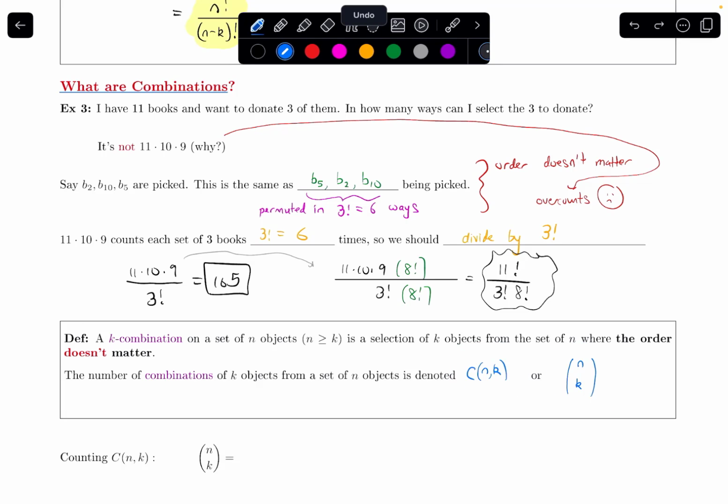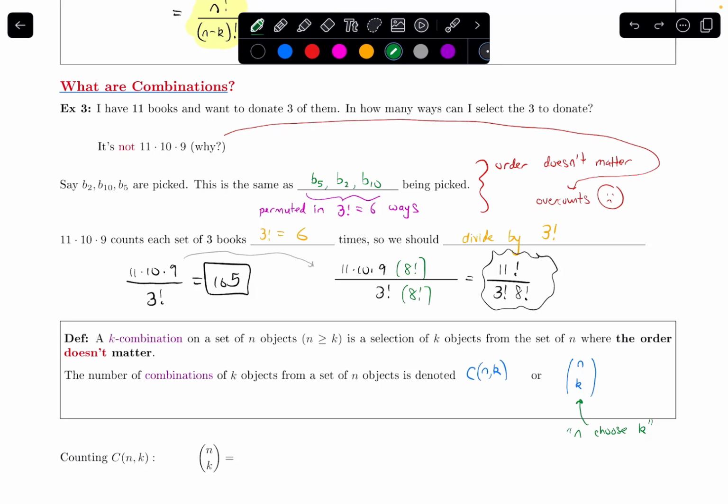This is typically the one used most often in math. It's certainly the one that I use most often. The way I say this in words is we say n choose k. I personally remember that as thinking, I'm choosing k objects from my set of n, and in a combination, the order does not matter.